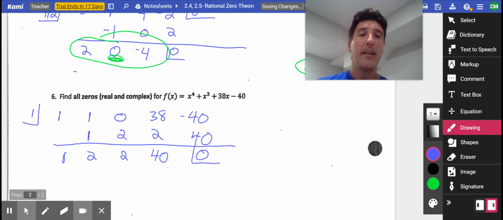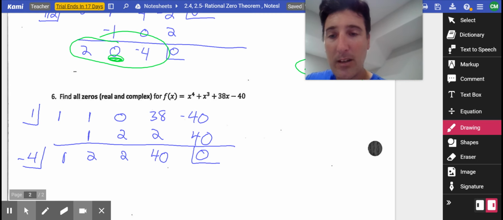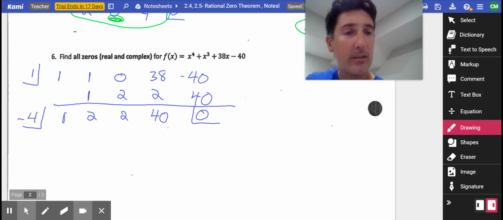At this point, you would look at your list and pick another number, and use synthetic division into this, because this is 3rd degree. Started with 4th degree, so this is 3rd degree. As I mentioned before, the other rational number that works is negative 4. So let's put negative 4. Let's just move this up so we have space.